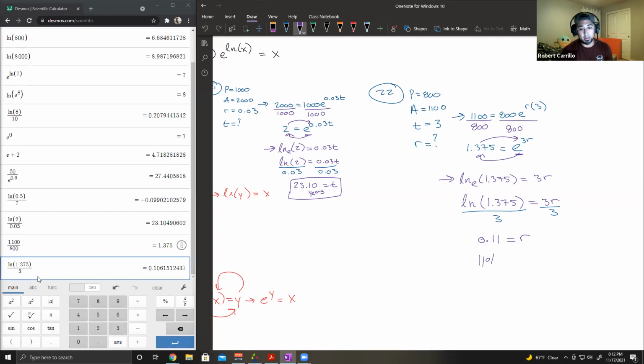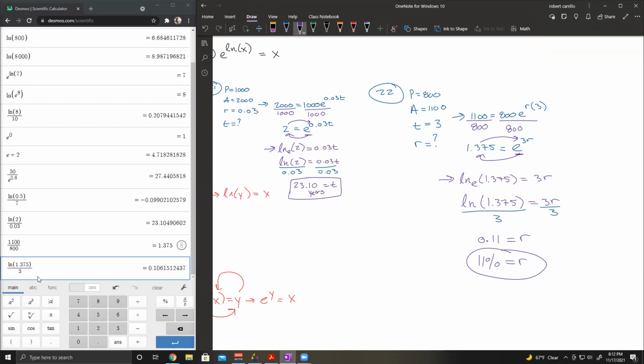So they are giving 11% on this loan. Okay. Everybody go with that? Yep. So once you start converting back and forth, exponential to log, log to exponential, yes, it takes practice, but once you get used to it, hopefully it becomes a little easier to work with.